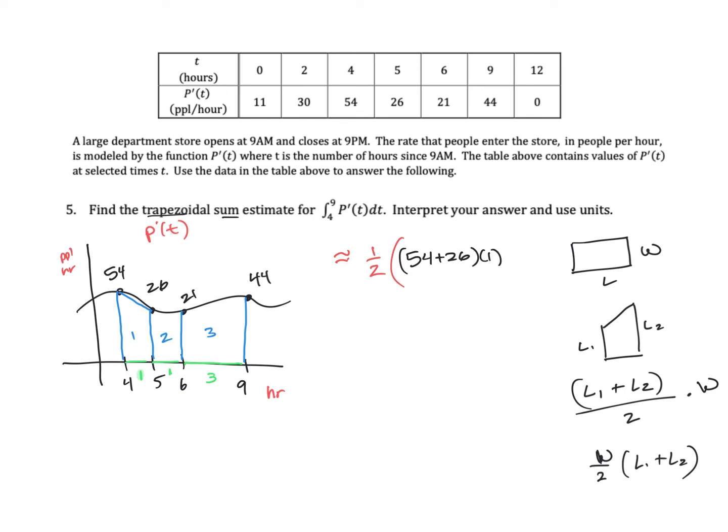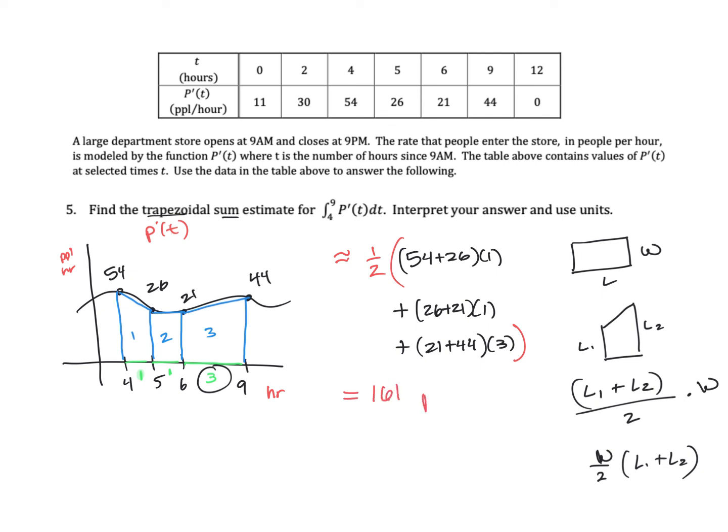I'm out of room, so I'm going to go down here, plus the second trapezoid, 26 plus 21, and that width is also 1. And last but not least, the third trapezoid, the heights are 21 plus 44, but this time the width is 3, so be sure to put a 3 right here. Now you do all of this math and then divide it by 2. I used my calculator and I got 161.